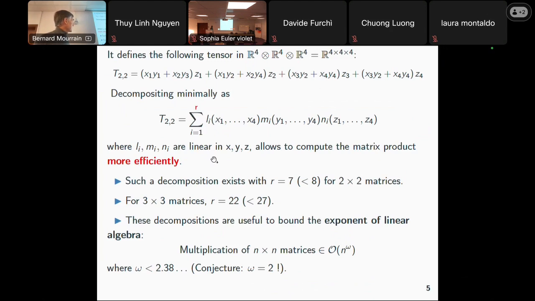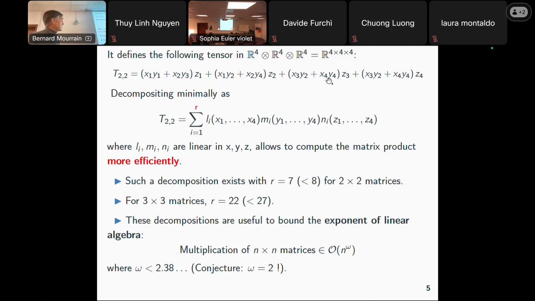We have in fact a way to save computation. For instance, if you do a naive product of 2 by 2 matrices, you will use 8 multiplications, which are given here.